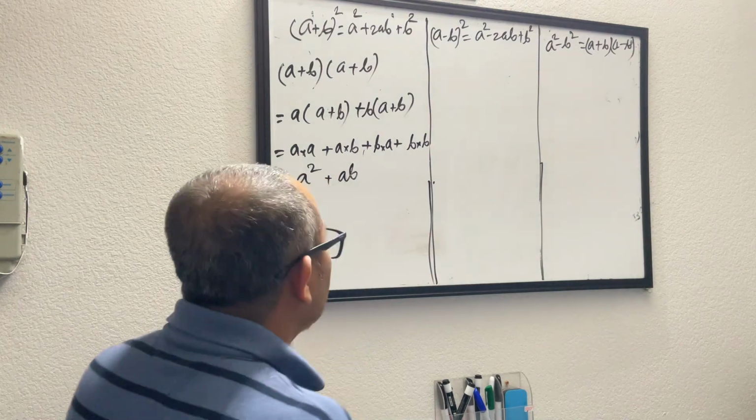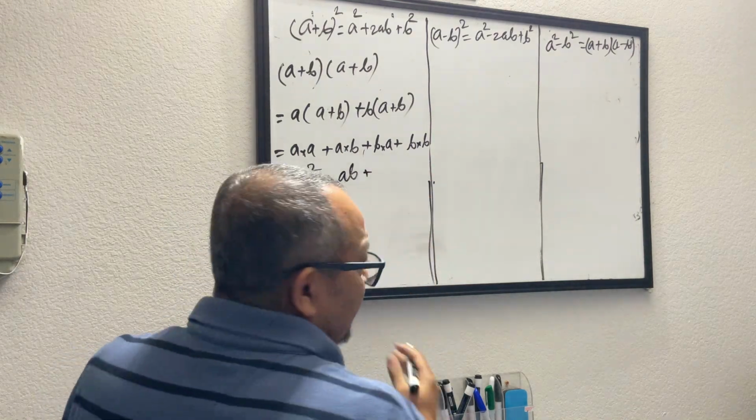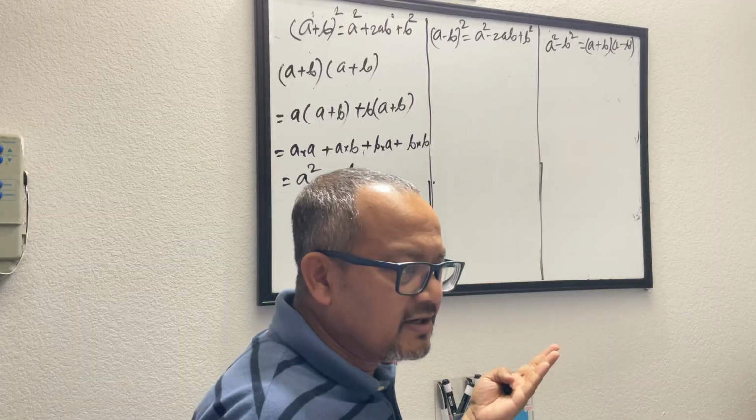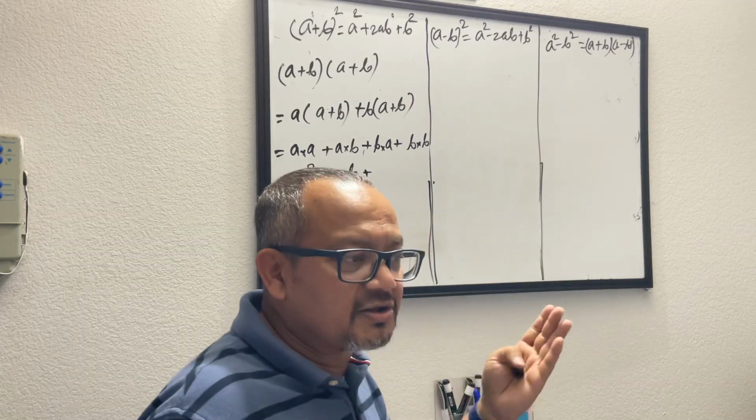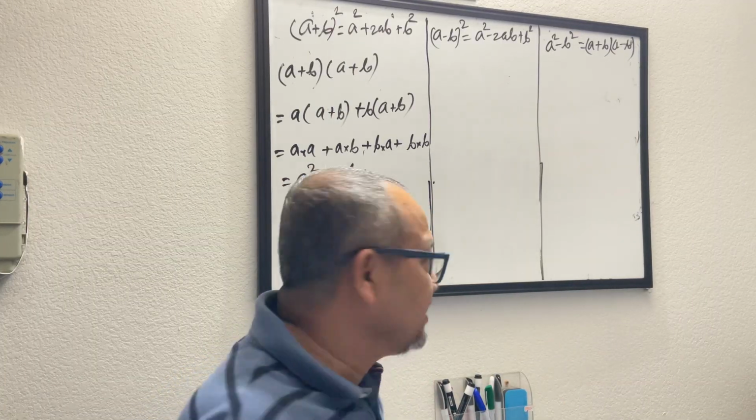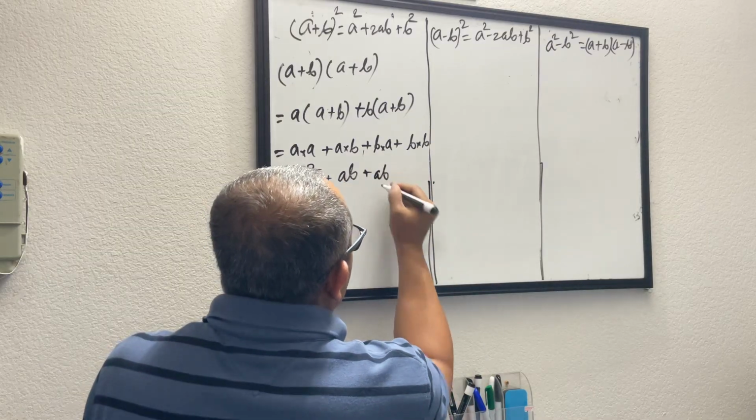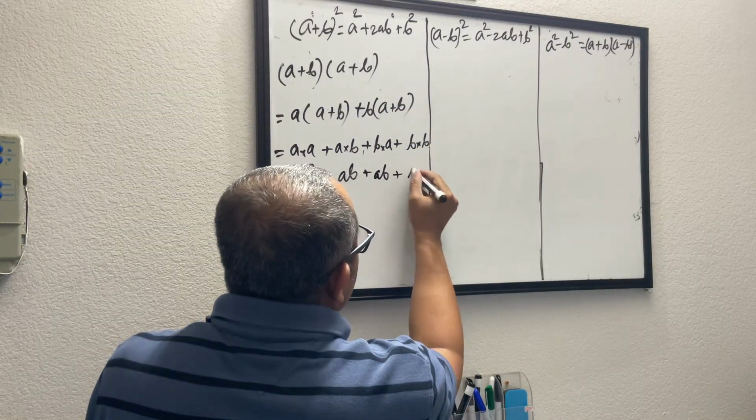Similarly, b into a is the same thing, ab. 4 into 3 versus 3 into 4, both are the same thing. And then b times b is nothing but b square.